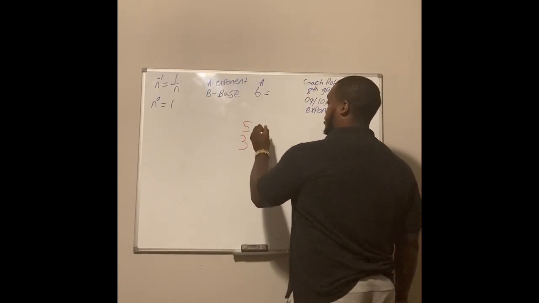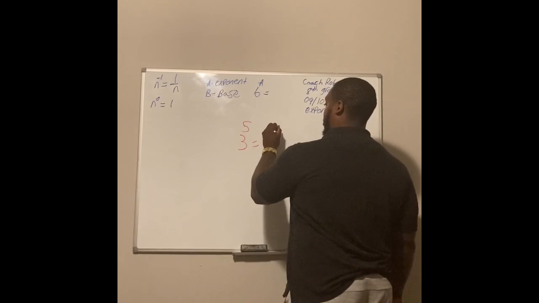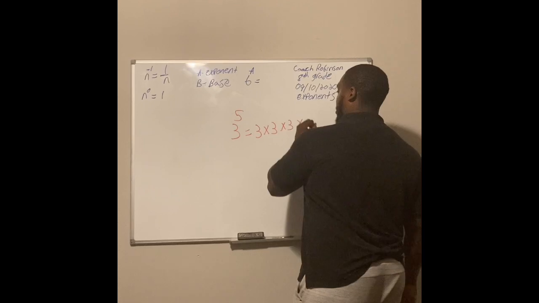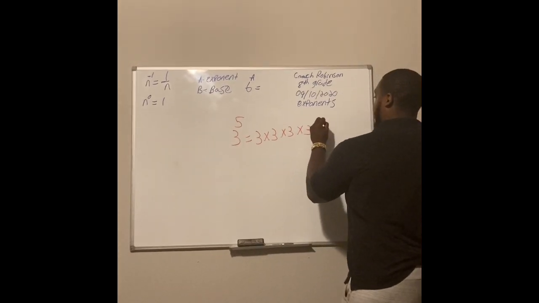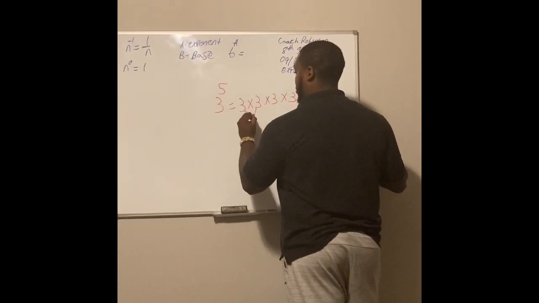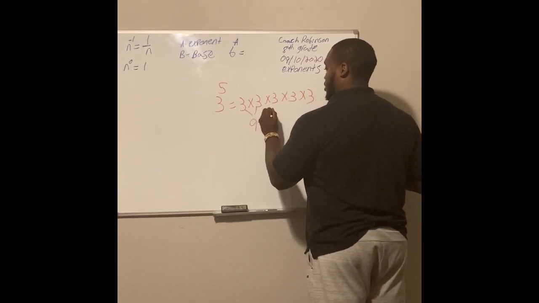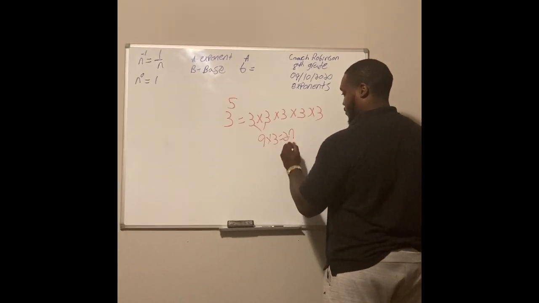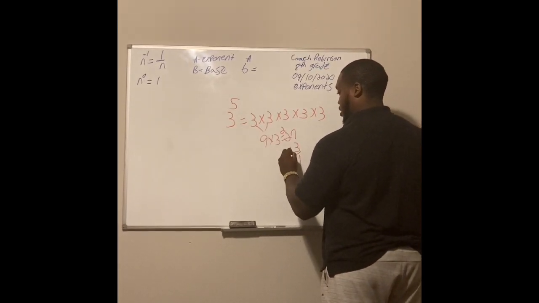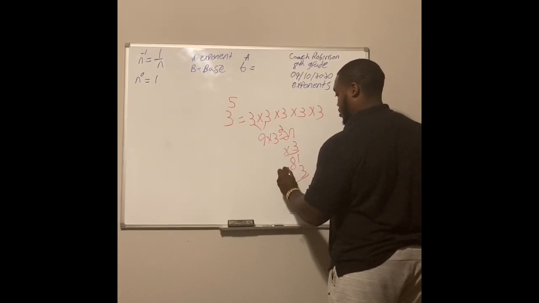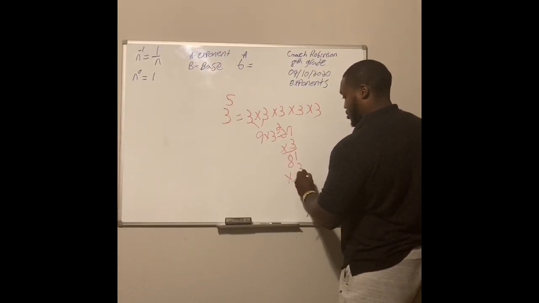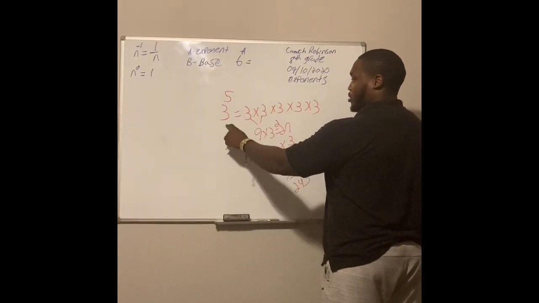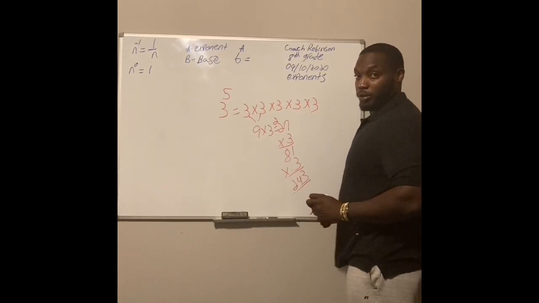Now, we know that this is 3 times 3 times 3 times 3 times 3. 3 times 3 is 9. 9 times 3 is 27. 27 times 3, 7 times 3 is 21, carry the 2, 81, and 81 times 3, 3 times 1 is 3, and 3 times 8 is 24. So 3 to the 5th power is 243, okay?